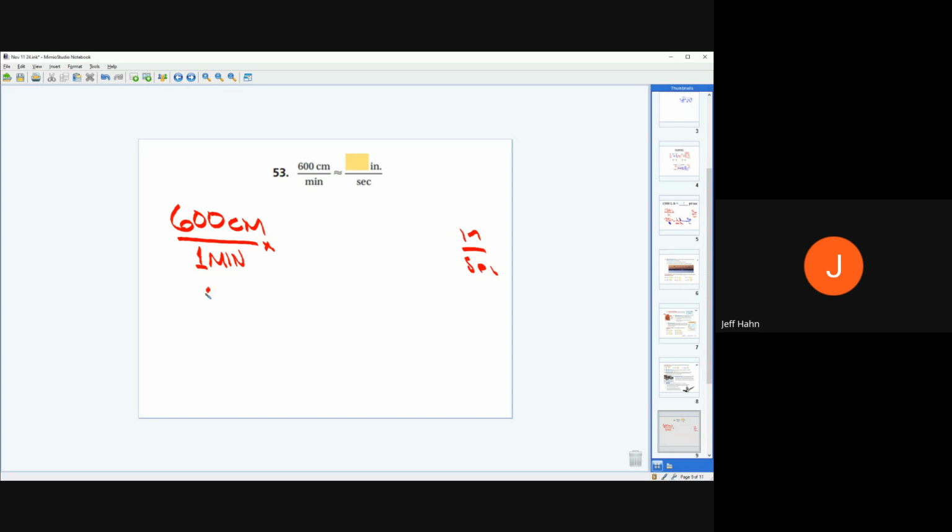So let's do that. 600 centimeters, 1 minute. Which one would you like to do first? Centimeters, minute. All right, let's do minutes just for fun. So Lincoln will tell me because my minutes are on the bottom of this fraction, to get the label to cross cancel, it has to be on the top. And I'm changing it into seconds.